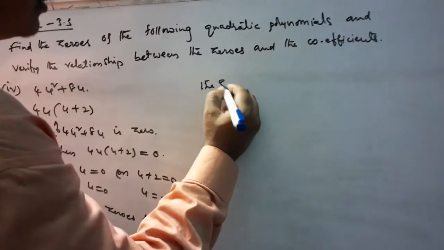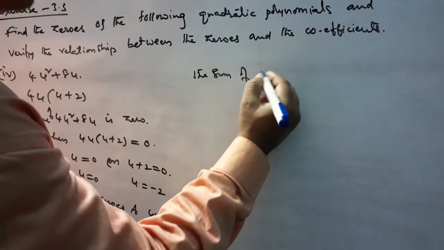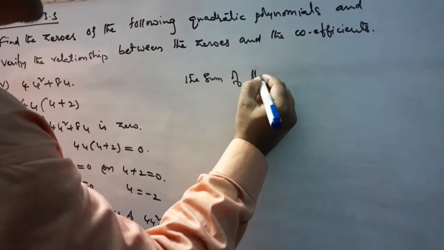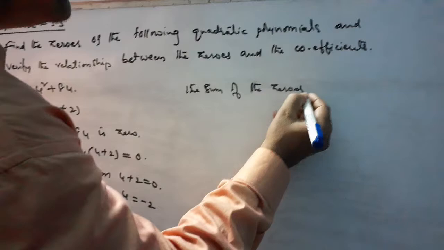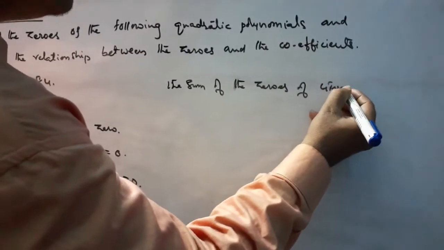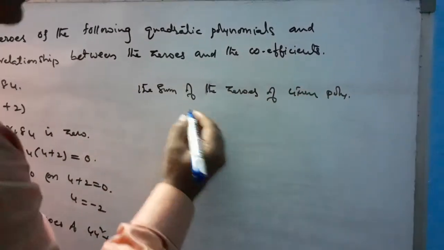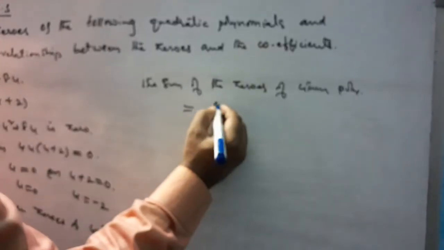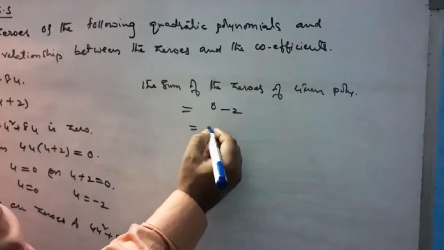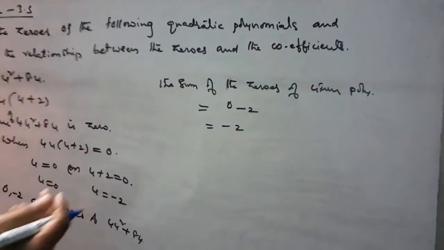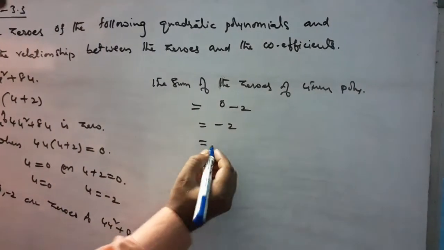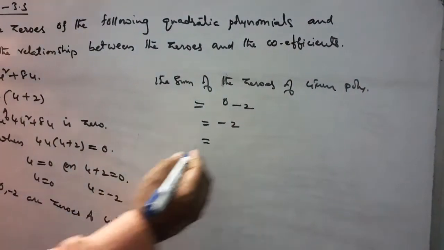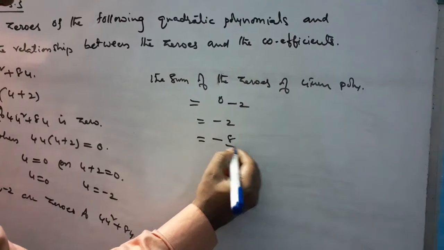Now the sum of the zeros of the given polynomial is equal to 0 minus 2, that is minus 2. Minus 2 we can write as minus 8 by 4.